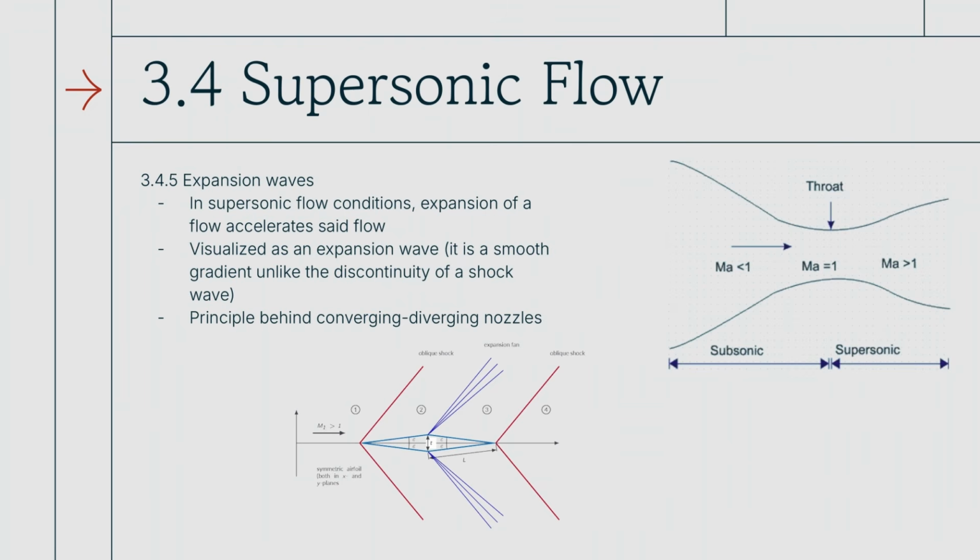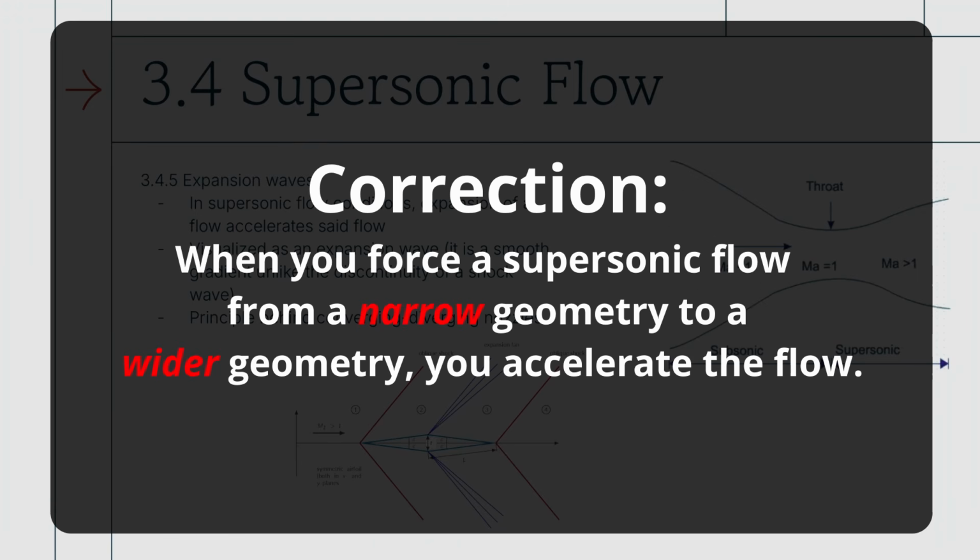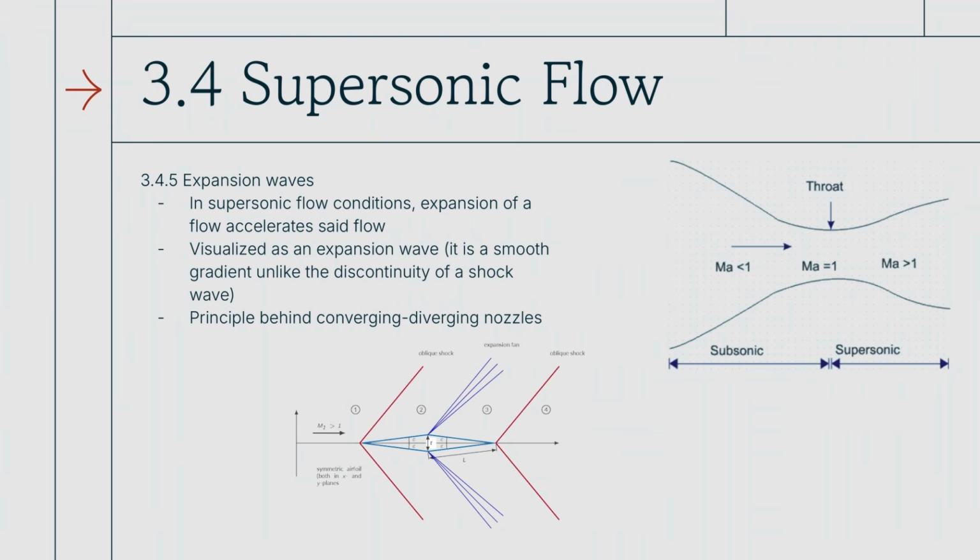In supersonic cases, this is absolutely the opposite. When you force a supersonic flow from a wider geometry to a smaller geometry, you actually accelerate the flow as long as the flow is traveling at Mach 1 in that throat area.